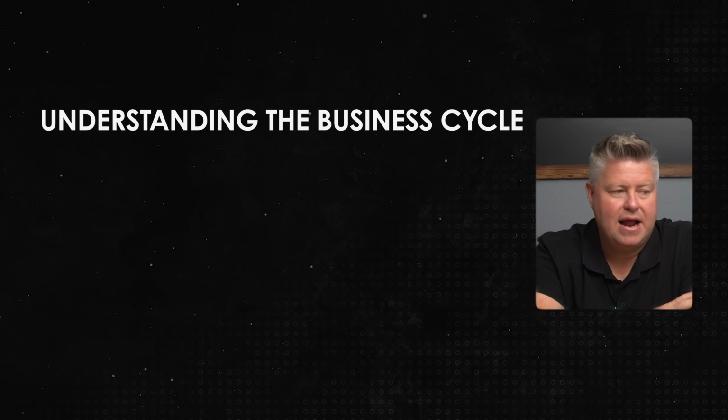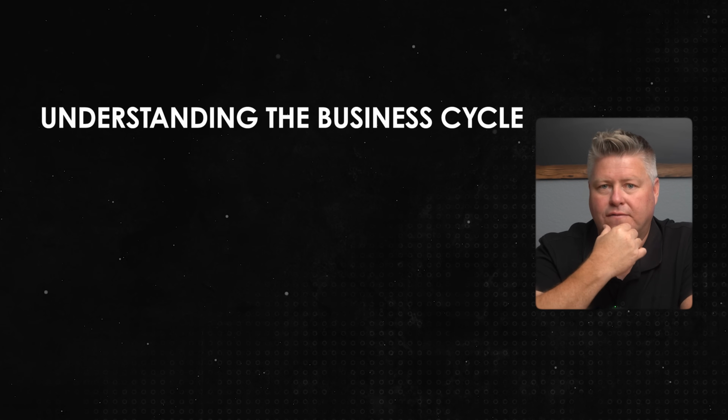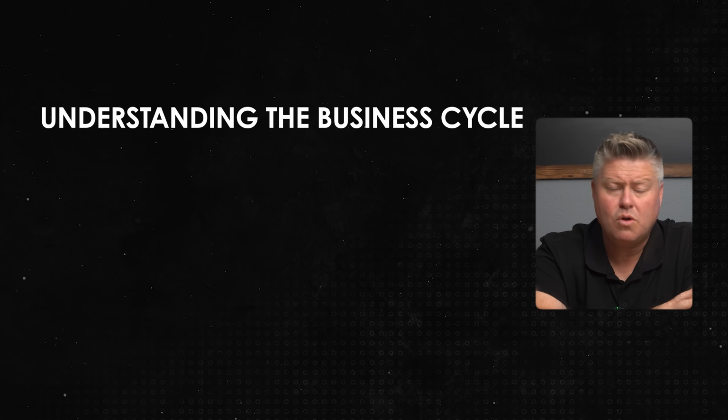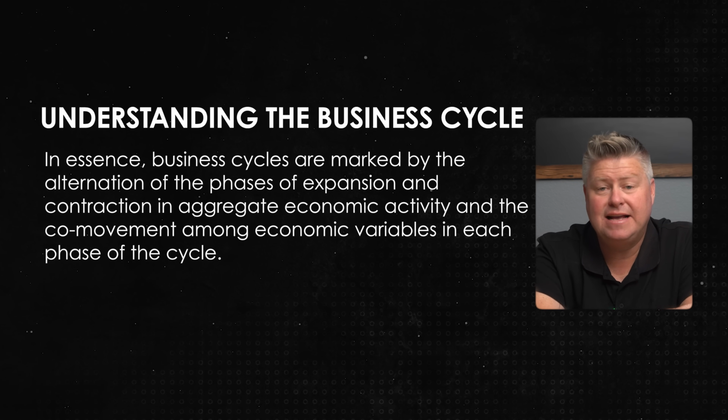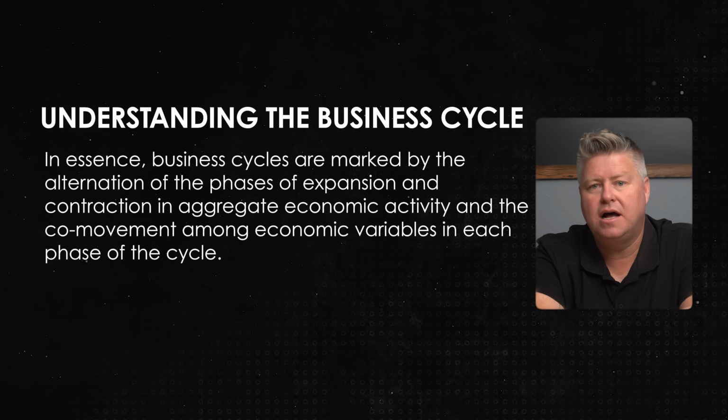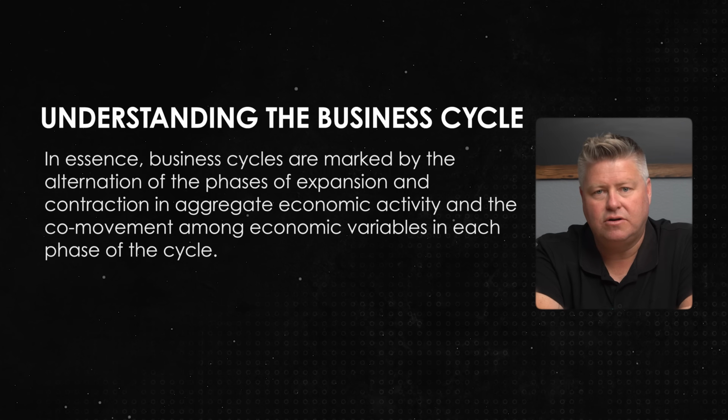So let's talk about how do we understand it and how can we put this to work for our own benefit. Well, in essence, business cycles are marked by the alternation of the phases of expansion and contraction in aggregate economic activity and the co-movement among economic variables in each phase of the cycle.